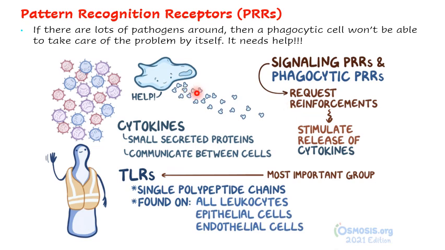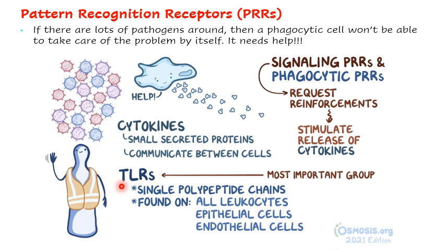Why do they need help? Well, because whatever pathogen attacked the system, pathogens usually replicate very quickly, and if you don't have enough cells to go down and kill them, then you know you're gonna lose the fight. So those cytokines are very, very important for communication between cells, and also to attract cells to the site of infection.